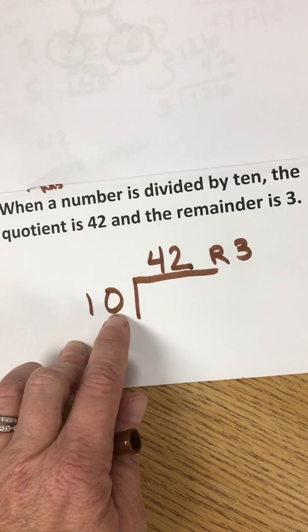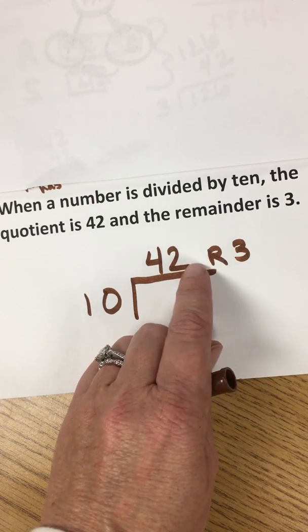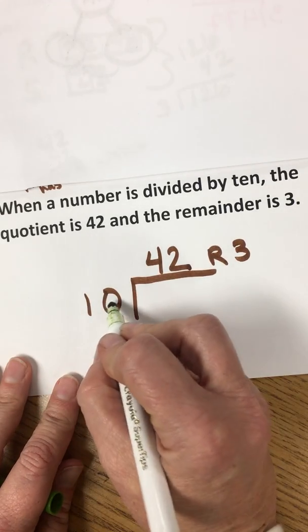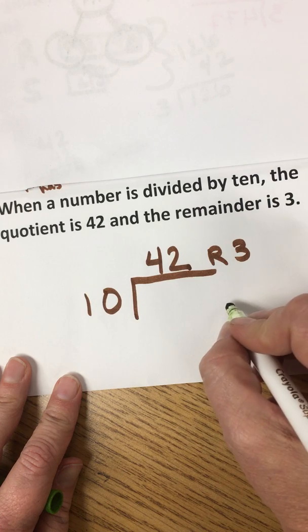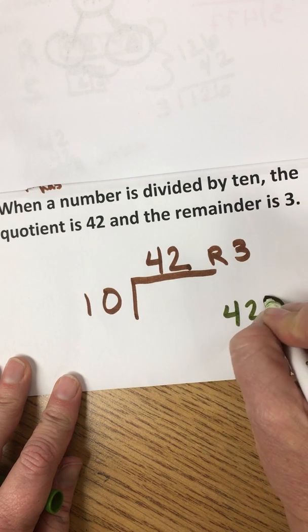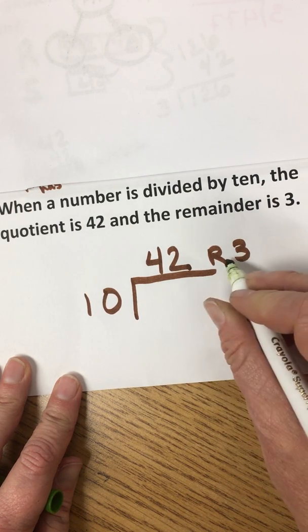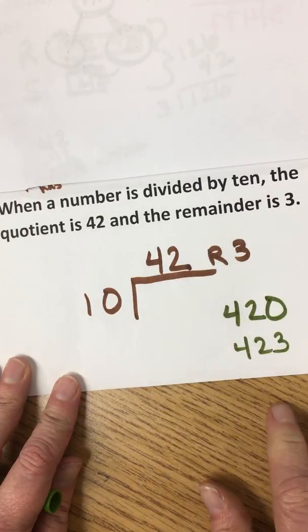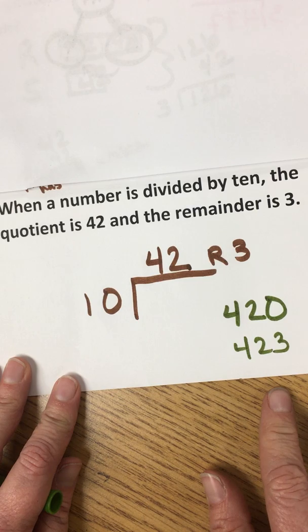So if there's 1 zero here and it's being taken away from the answer, is anything clicking yet? Ding, ding, ding. Okay. If I were to actually add that 0 back to my answer, I would end up with 420. Oh, plus a remainder 3. So actually 423. Anything clicking?